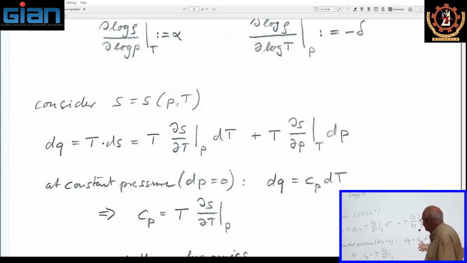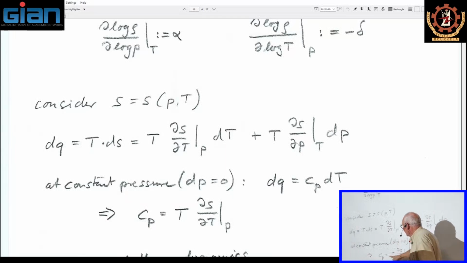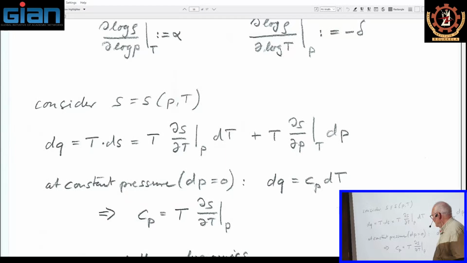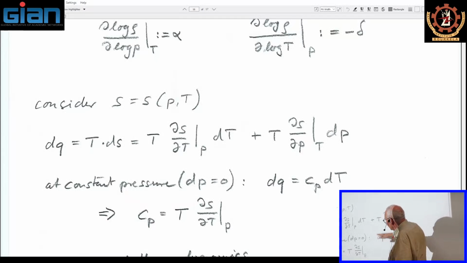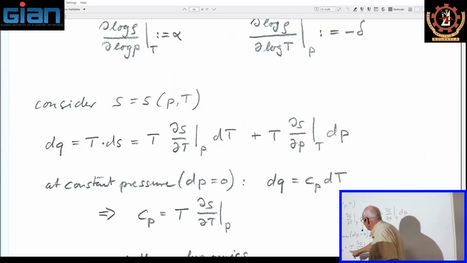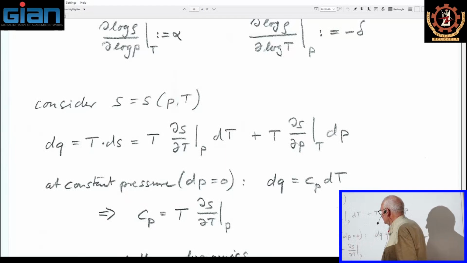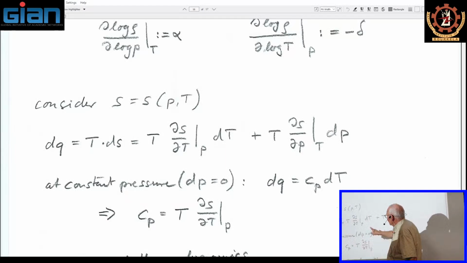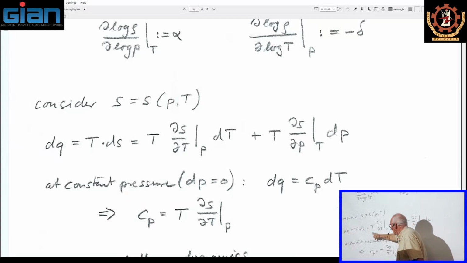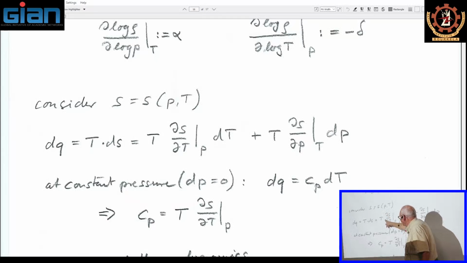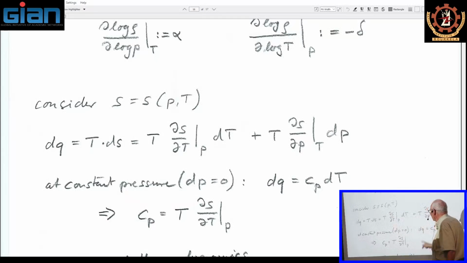So the specific heat at constant pressure is simply one of the derivatives of the entropy with respect to temperature. So we have now seen by this experiment that Cp is T times ds/dT, and this is the first part I wanted to prove here. So T times ds is simply Cp times dT.